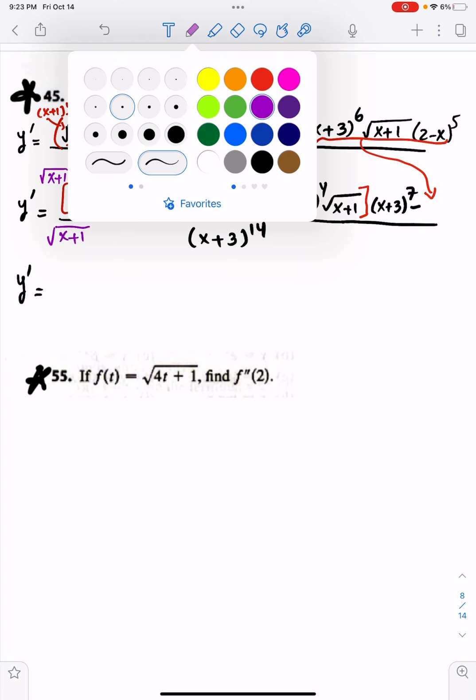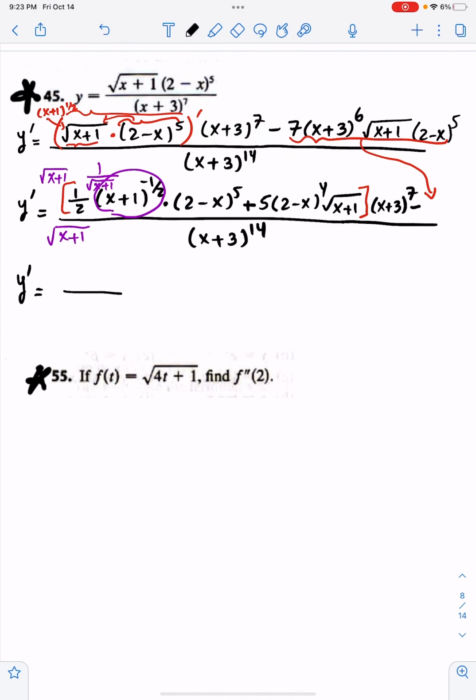Then radical x plus 1 multiplied by 1 over radical x plus 1 cancel, so you would have 1/2 times (2 minus x) to power 5. Okay, so I'm going to write that.